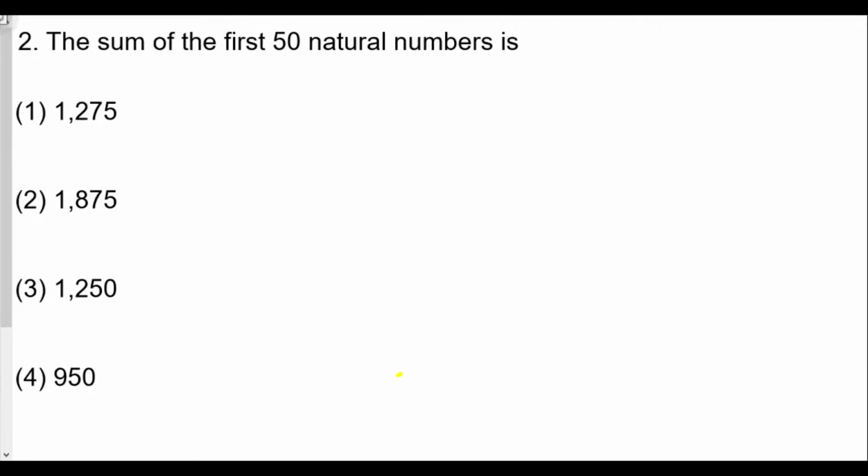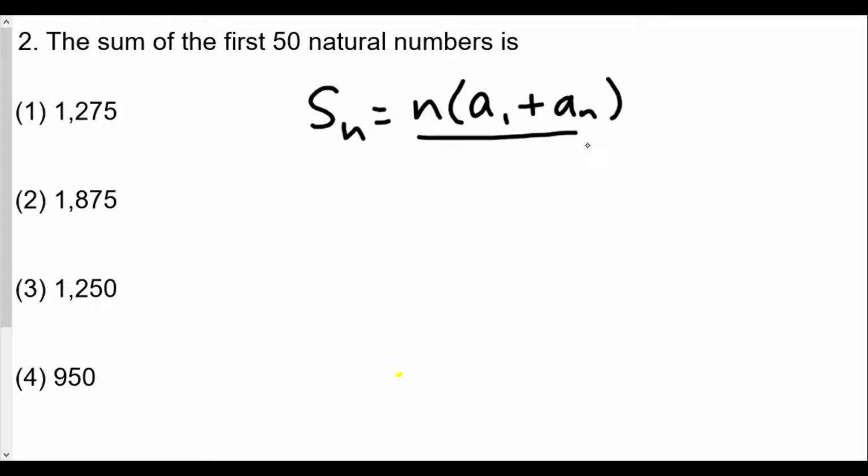Number 2. The sum of the first 50 natural numbers is... okay, so we're going to use our formula, S sub n equals n times a1 plus a sub n all over 2. And so we know that there will be 50 numbers, so n is 50.